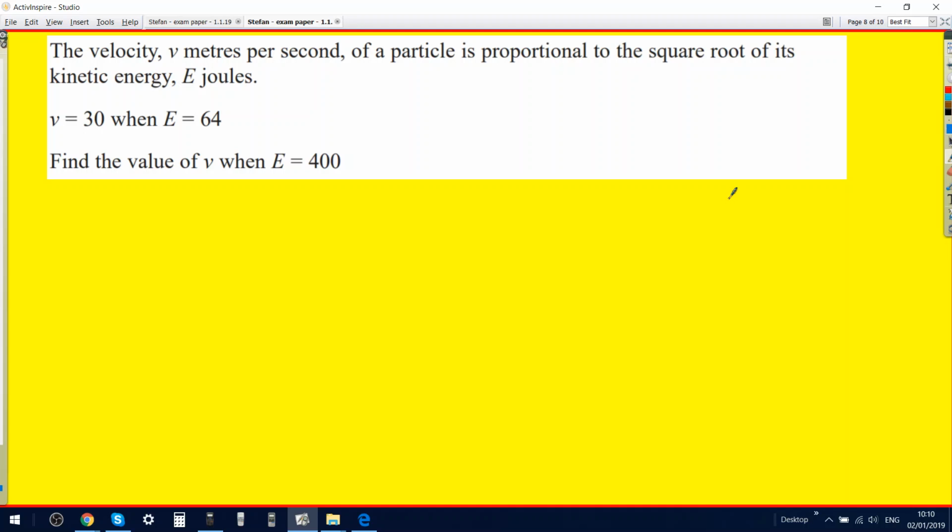So this is real where it's like y equals mx, or kx, sorry. Is it v equals k times, so v equals k and then root e?